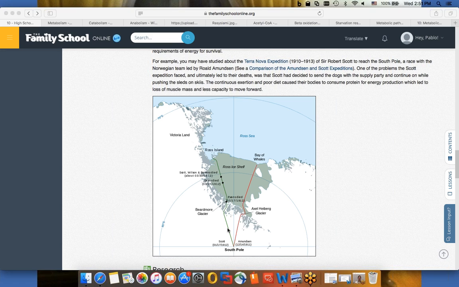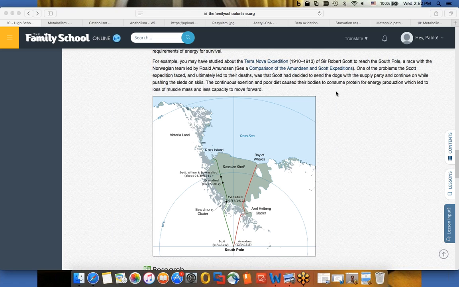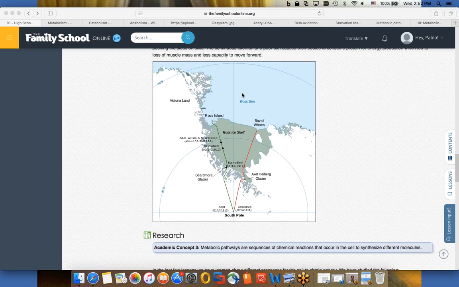That was the Scott expedition that did that. Yeah. Because of that, they had a poor diet that caused their bodies to consume the protein that was for energy production, which led to a lot of muscle loss and less capacity to move forward, so they weren't able to finish the race.